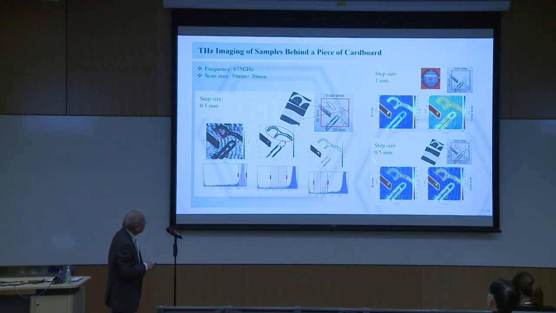But if you look at the image, we can display that indentation very clearly because of the high power of our source. And if we pick the range of the display of the images by selecting the scale, we can look at these images quite differently.